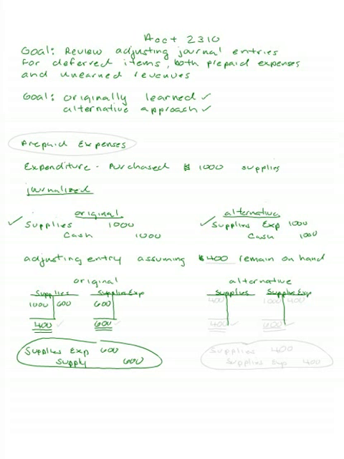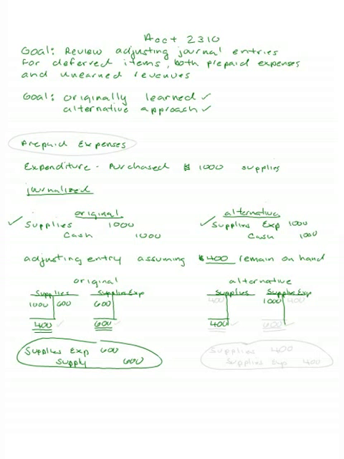To start with, I put the $1,000 in supplies expense. That is not good or bad. That is just what I did. According to my information, I have $400 remaining on hand. So to make a picture of that, I need to have $400 in the supplies account remaining on hand.